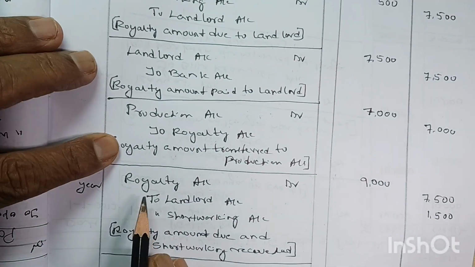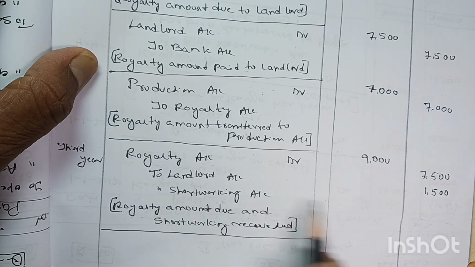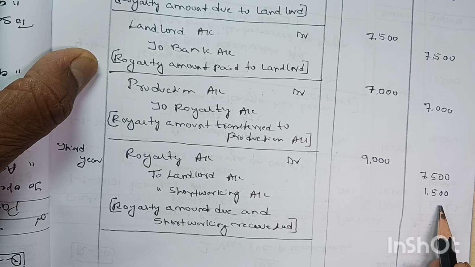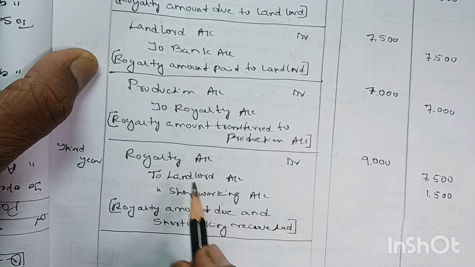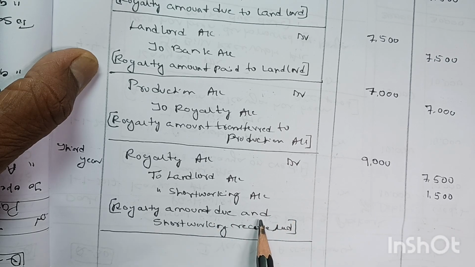So now I have written: royalty account debtor 9,000, to landlord account 7,500, to short working 1,500. Usually short working will be debited, here short working will be credited. When it is credited, it is very simple, it has been recouped. Royalty amount due and short working recovered.